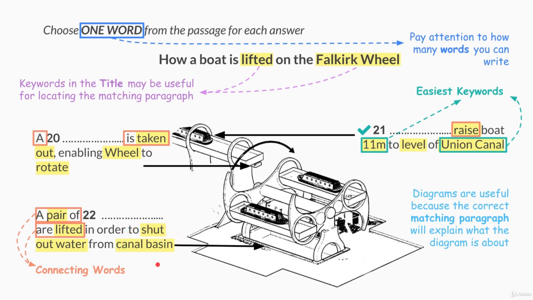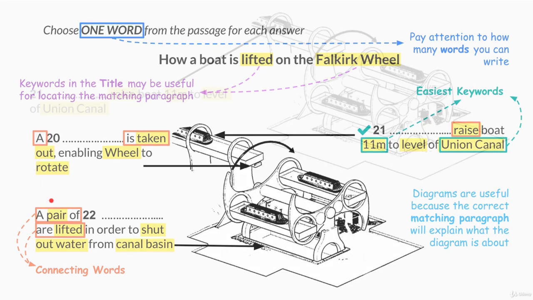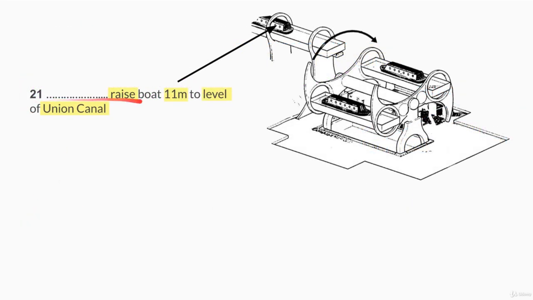Now let's go ahead and start to answer these questions. We're going to start off by answering number 21 first, and then we'll come back to these other questions. Here is question number 21. Dash raise boat 11 meters to level of Union Canal. Well, it tells us that something is going to raise the boat.